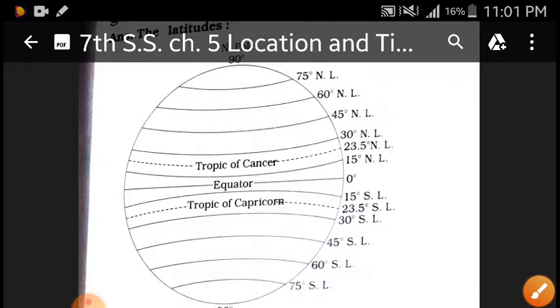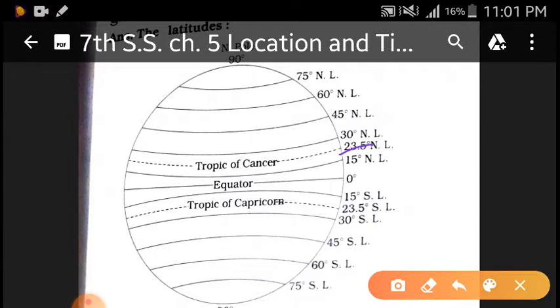With the help of the picture we can understand that there is the equator and lines of 15-degree north latitude, then 23.5 north latitude, then 30-degree north latitude, 45, 60, 75, and 90. Also on the south side there are 15 south latitude, 23.5-degree south latitude, 30-degree south latitude, 45-degree, 60-degree, and 75-degree south latitude.